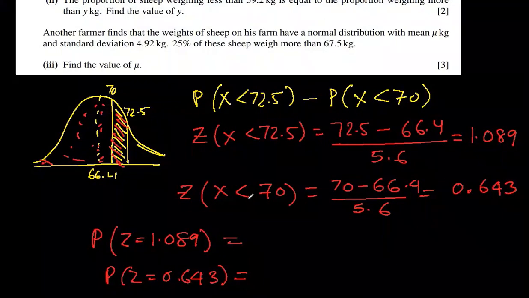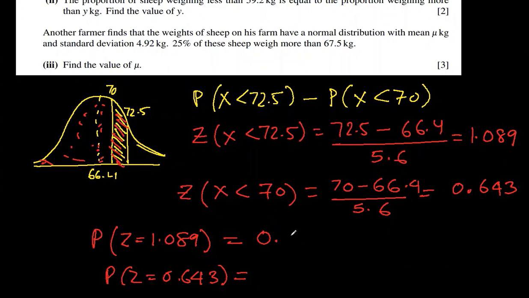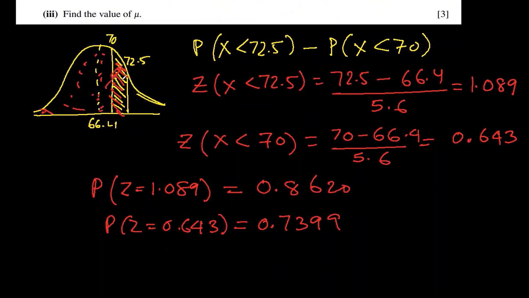So here it is 0.8620 and 0.7399, and we have to subtract to find that area in the middle. If we subtract, we get 0.1221. That is the probability that it will be between 70 and 72.5.